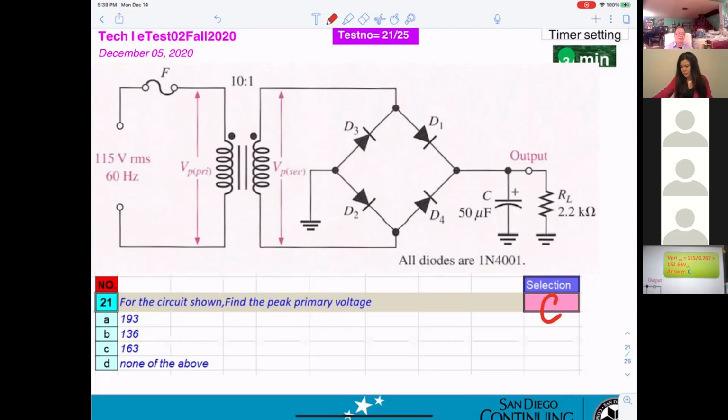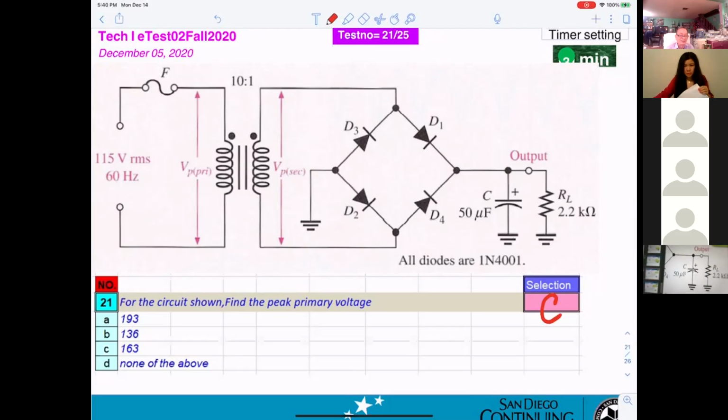Do you know what the name for 50 microfarad is? What's the name for that capacitor? Bypass. Now, if you say bypass, that means no output. They short you out. Oh, coupling.